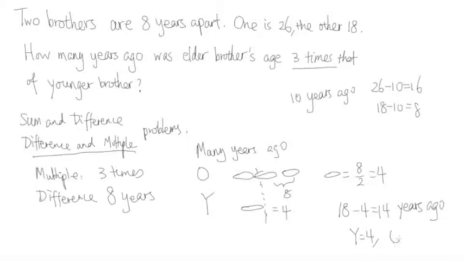And the older brother, well, 14 years ago is 26 minus 14, that will be 12 years old and will be triple the age of the younger brother. So the answer is 14. Okay, so for this example, in the end, we reduce it to the difference and multiple problem and we can solve it. All right, we're going to do some more examples.